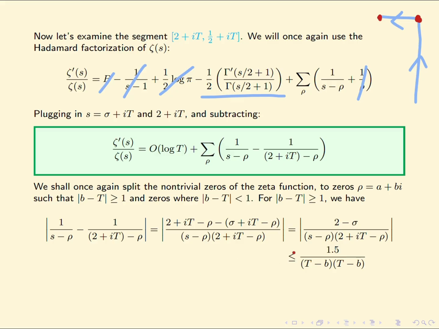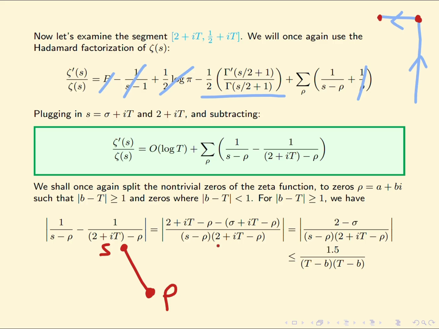The basic idea is I've already guaranteed that the height difference is at least 1 here. So if there's some kind of triangle where s is over here, and your non-trivial zero is here, and they have some distance between the two, that's this distance, s minus rho.